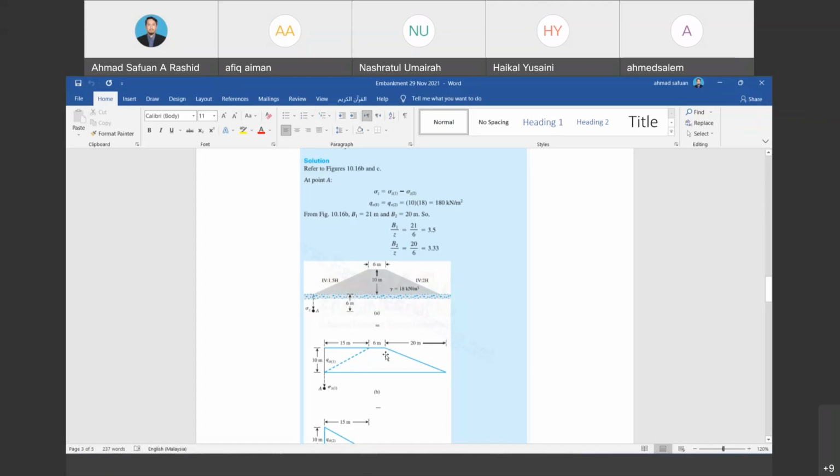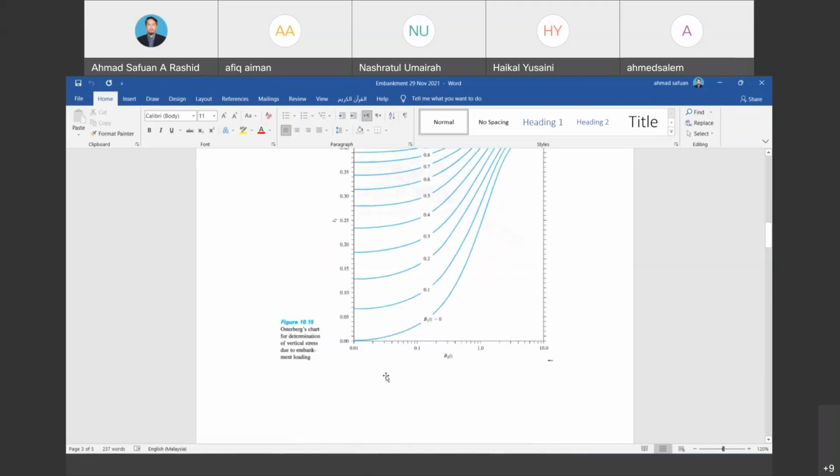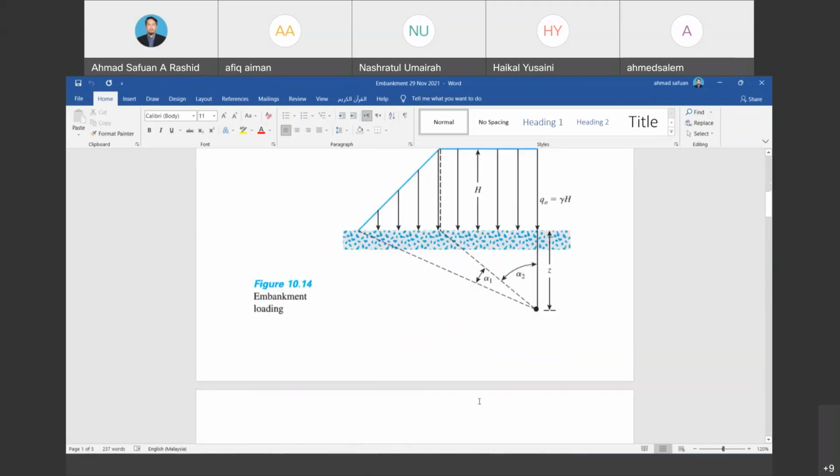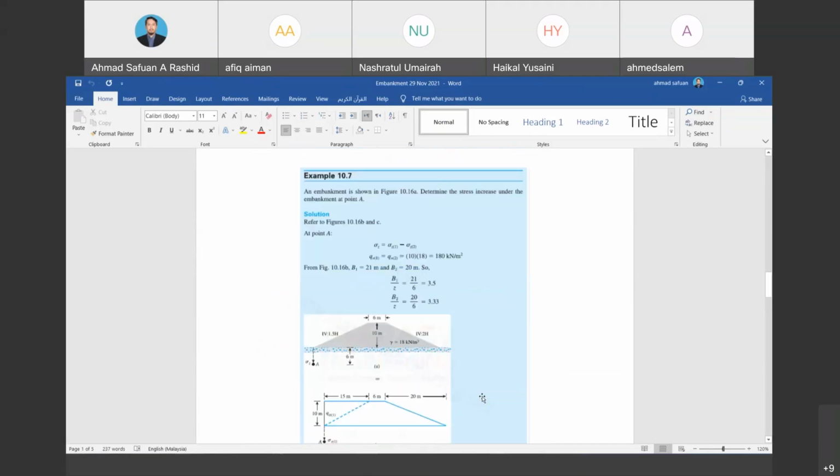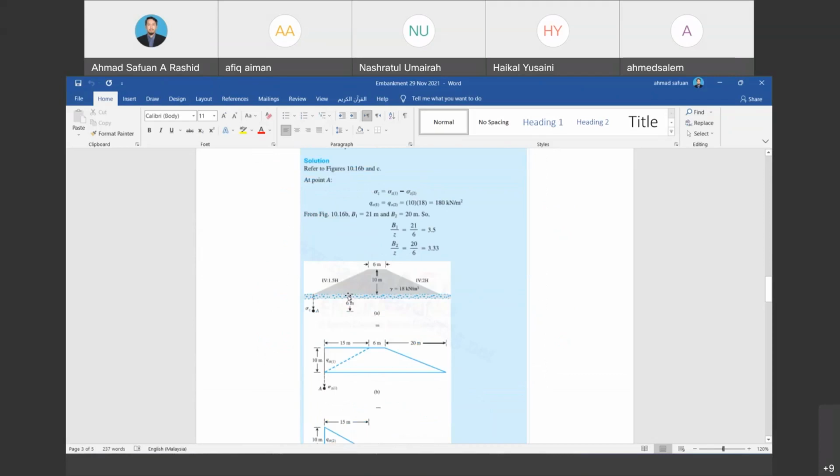So when we have this full flat surface, for the B2, we look at this diagram, so the B1 will become 21, which is 15 plus 6. That is the B1. Then divide by 6. Why 6? 6 is the D value or Z value. So 21 over 6 is equal to 3.5.